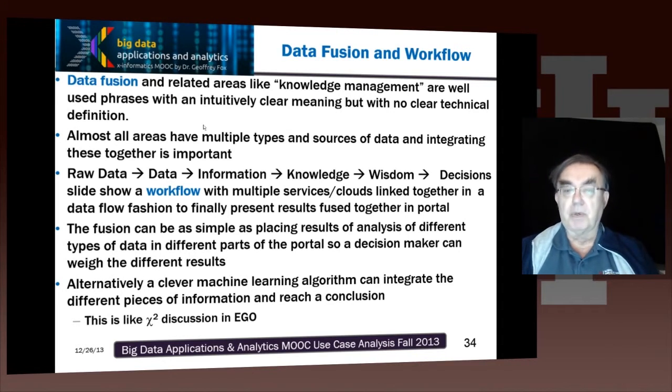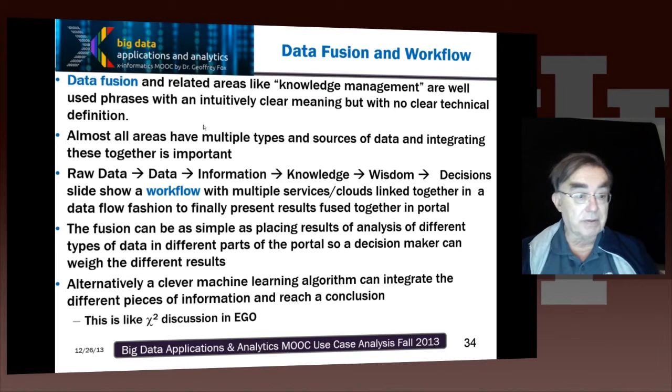There are many people who work in this field, and it's rather hard to find out exactly what they do. But I believe that slide, which is mentioned here, the raw data, the decision slide, shows the essential idea. You have a workflow. Workflow is very important, and it's present in a lot of these different use cases we have, where you have multiple services and clouds linked together, typically with data.